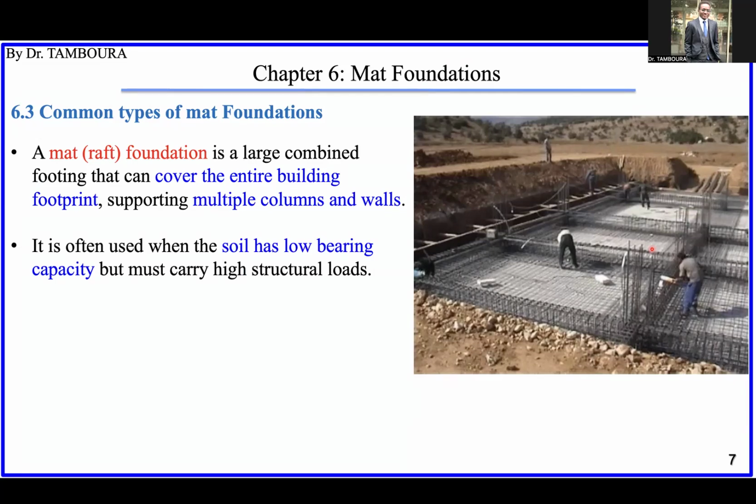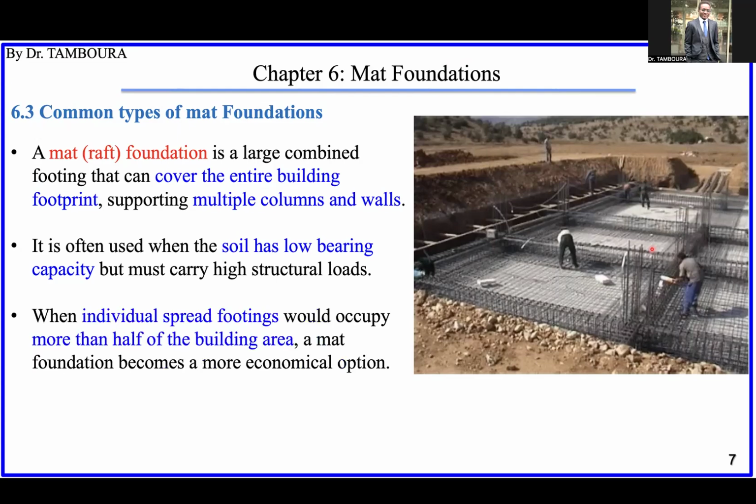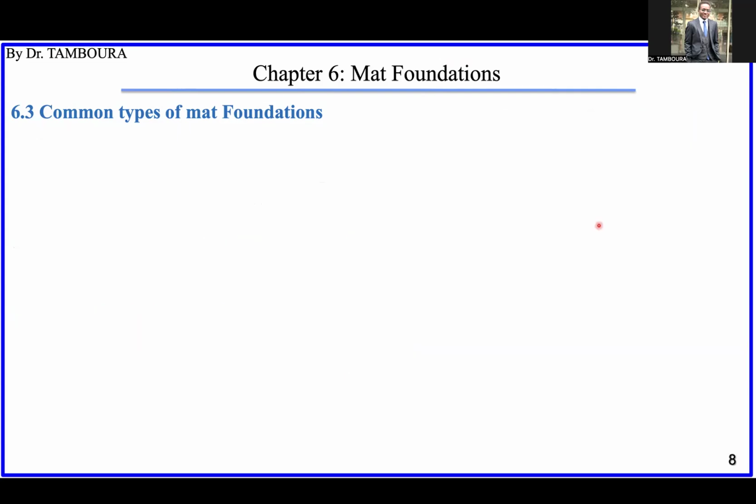Sometimes we prefer to go for a mat foundation instead of using individual foundations, which, if used, would take maybe more than half of the building area. So it's not economic. For economical reasons, we go for the mat foundation.